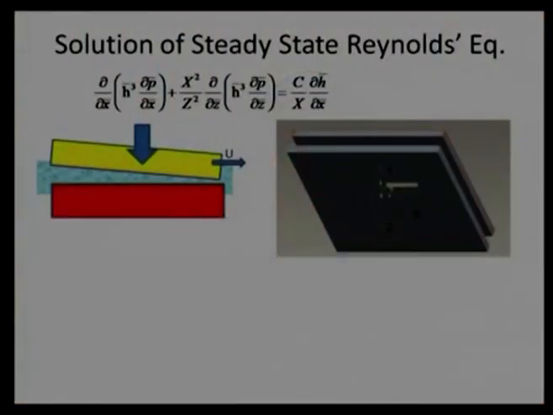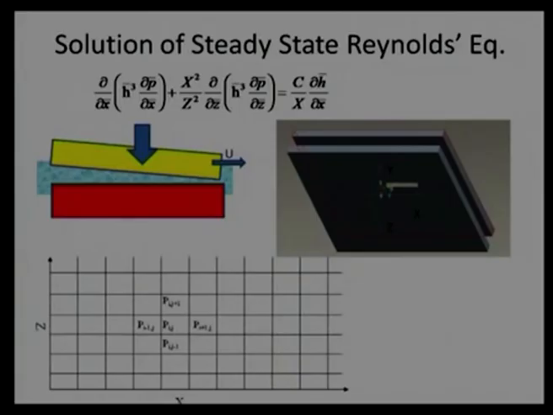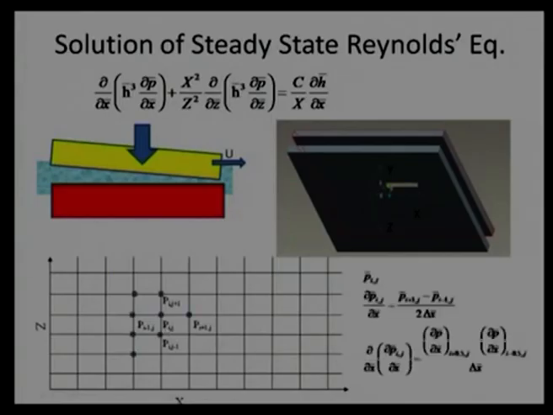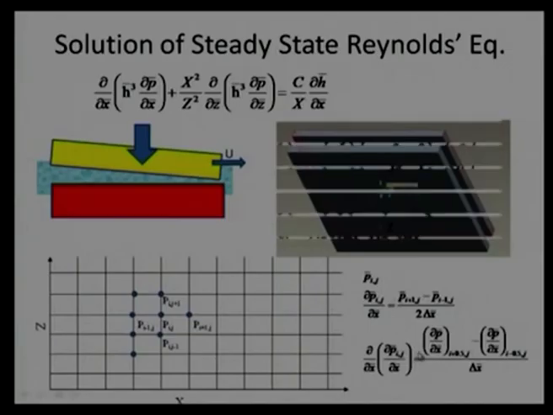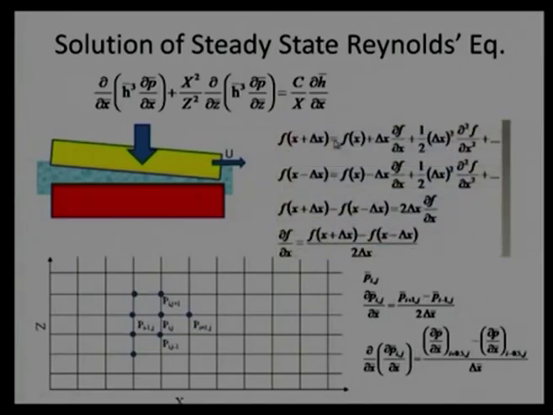Surfaces are rigid, u is constant and is not a function of any space variable. This was a figure which we showed with two surfaces, and this was a grid which we showed to be used to estimate pressure P i j, the pressure at any i and j node. This expression is related to the Taylor series, expressed right here for the function f of x plus delta x and f of x minus delta x.